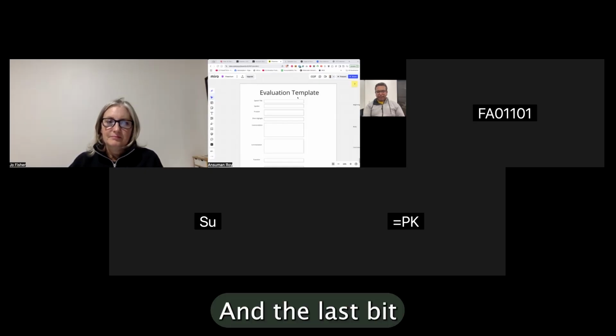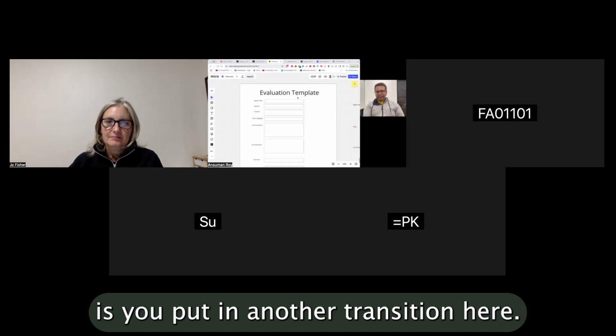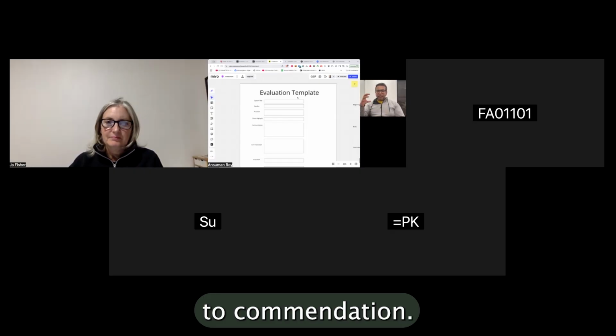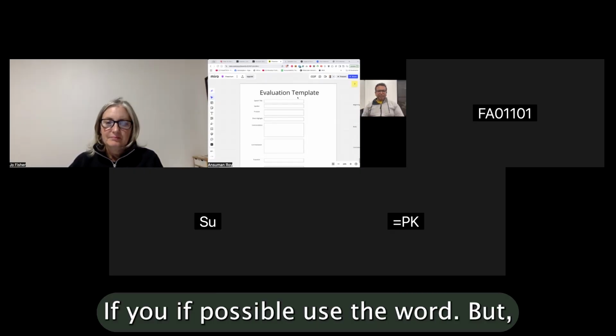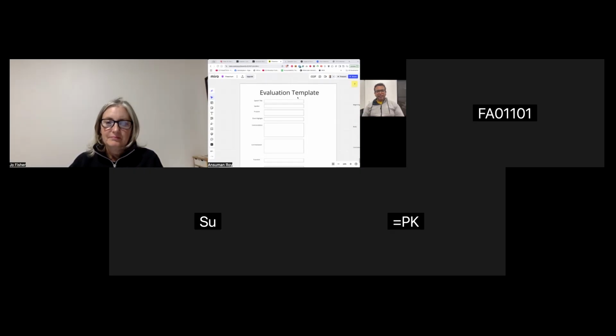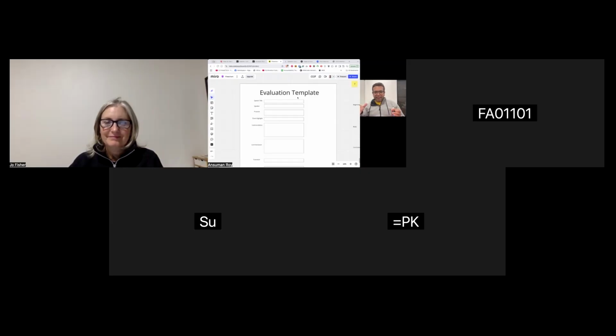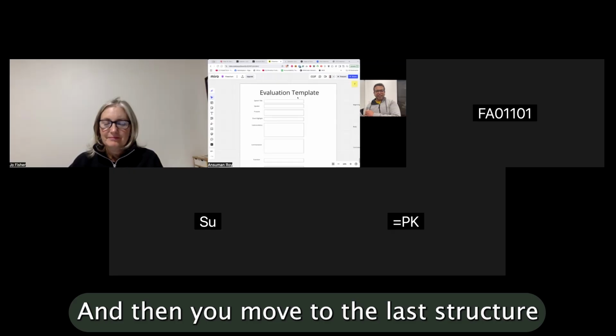And the last bit is you put in another transition here. The other transition is because you're moving from recommendation to commendation. If possible, use the word but. But the best part of Philip's speech, and then you move to the last structure.